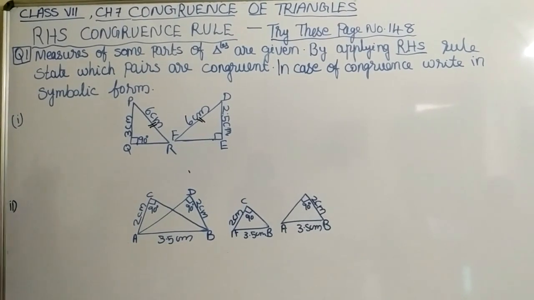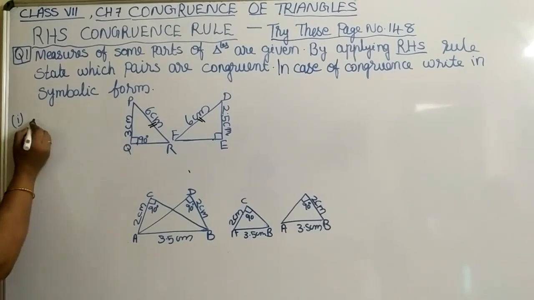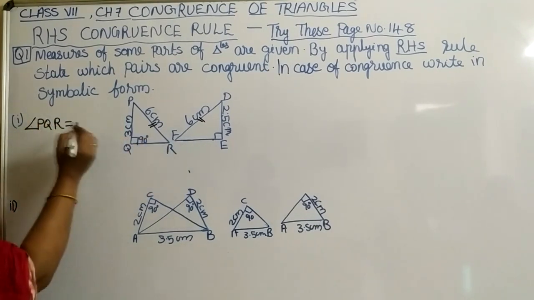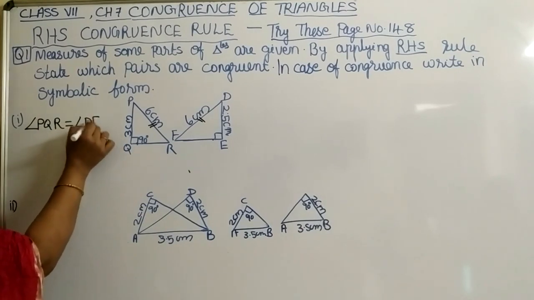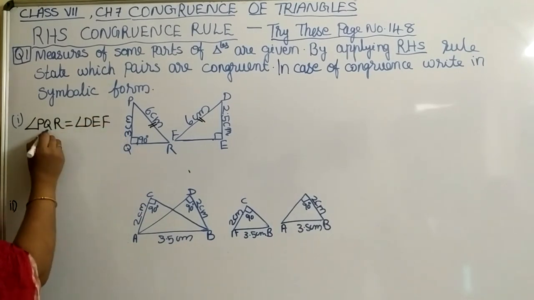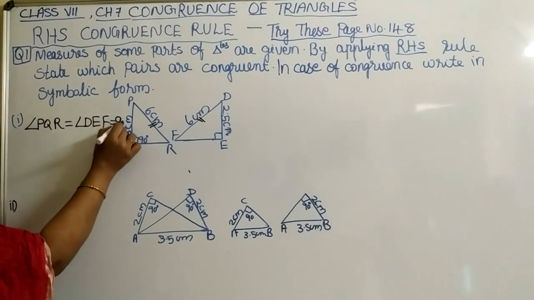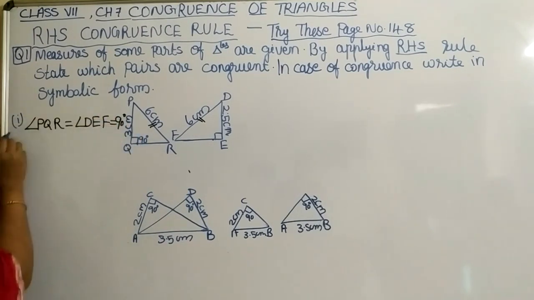So to apply RHS rule, first one we need the 90 degree right angle. So what is the right angle here? Here angle PQR equal to angle DEF. That means angle Q equal to 90 degree, angle E equal to 90 degree. That first condition we got.